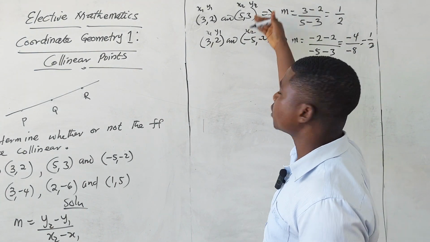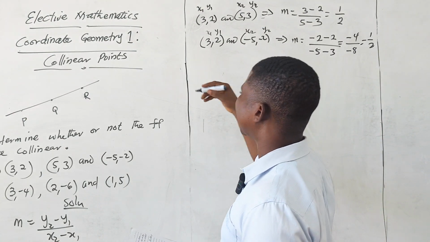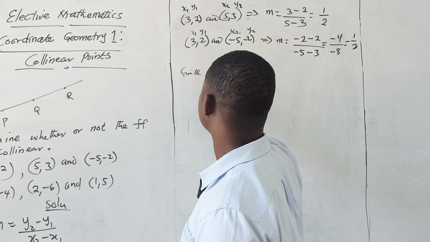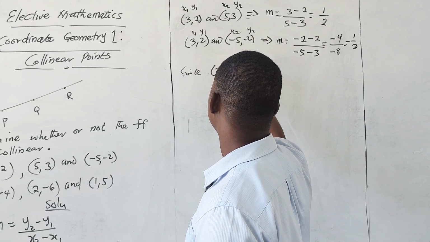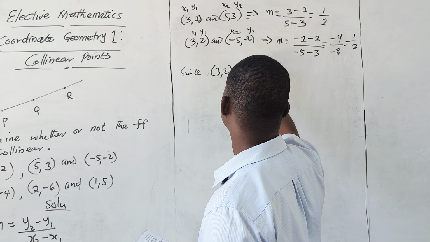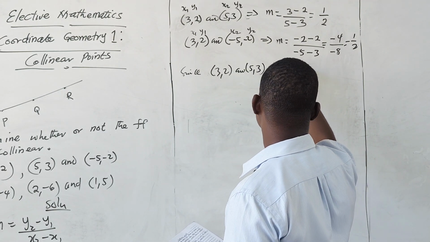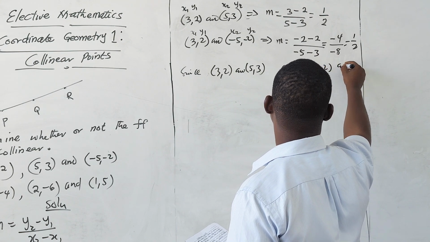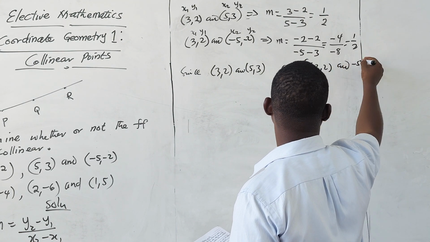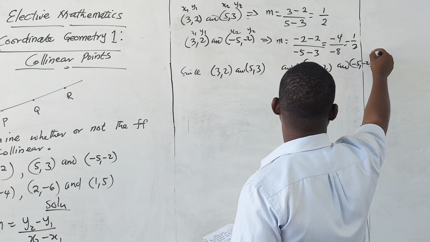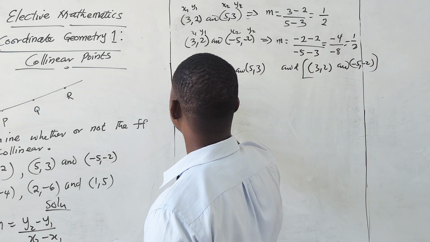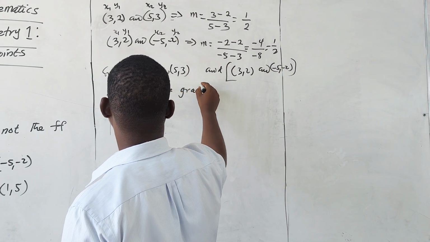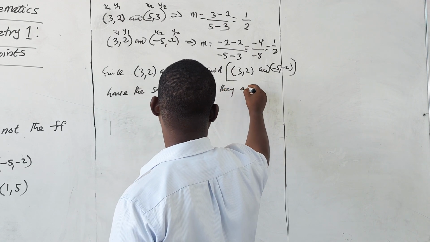So since both of them are giving you the same gradient, it is collinear. Since (3, 2) and (5, 3), and (3, 2) and (-5, -2), the two different sets, have the same gradient, they are collinear.